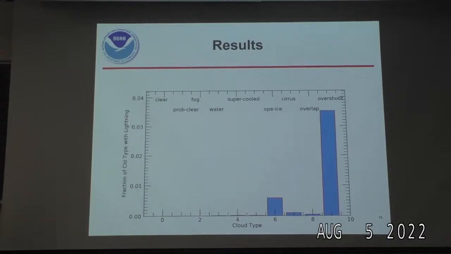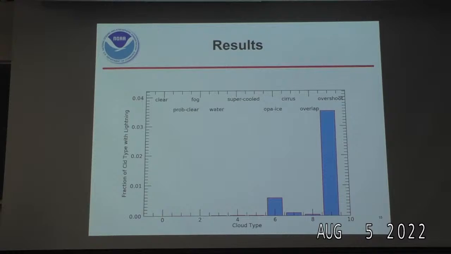However, the difference is that even though lightning occurs most frequently in cloud type 6, the fraction of lightning for each cloud type is actually highest for cloud type 9, meaning that maybe cloud type 6 is more common, so it is most likely to have lightning just based on how often it occurs.